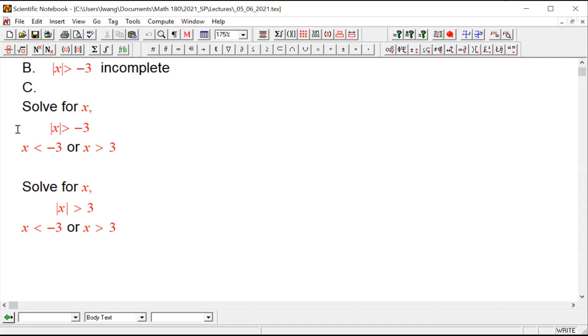But when you do absolute value greater than negative 3, you also get to the same thing. That would be completely wrong. Do you follow me?